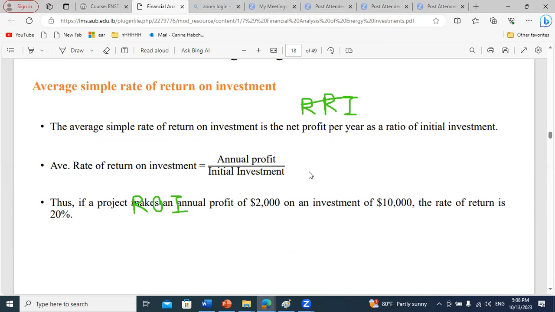Because if we consider this rate to be constant, the payback period will be the inverse, since the payback period is the initial investment over the annual net rate. So here, for example, if you have a rate of return of 20%, this means that your payback period is 1 over 0.2, it's 5 years.